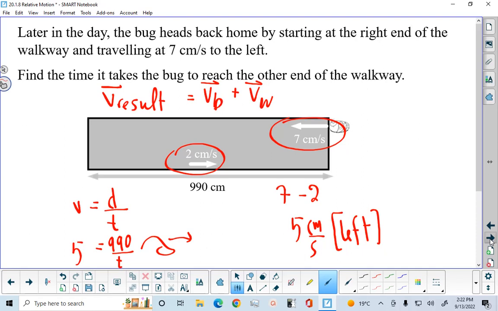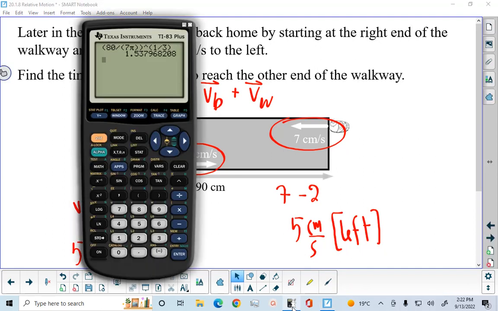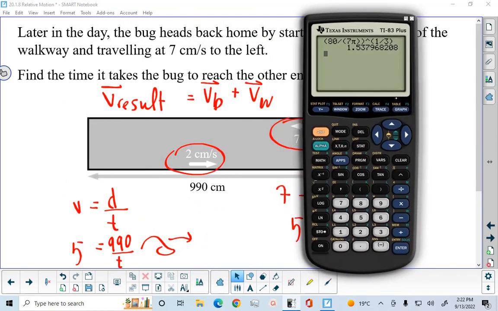You're going to take 990 divided by 5, which I believe is going to give you 198, but my brain is certainly not operating on all cylinders right now, so I'm going to check that out. 990 divided by 5, yep, 198 seconds.